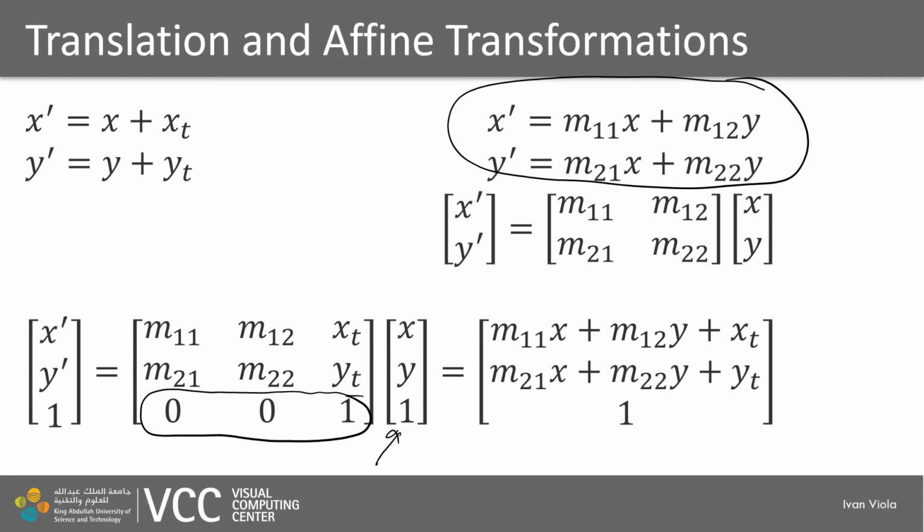And we will use this part of the matrix as we were using it before for reflection, scaling, rotation, shearing, as it was before, the 2 by 2 matrix. And this part of the matrix we will be using for the translation. And the translation will be multiplied, as you can see, with this 1.